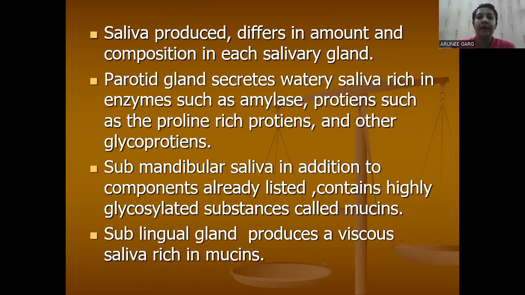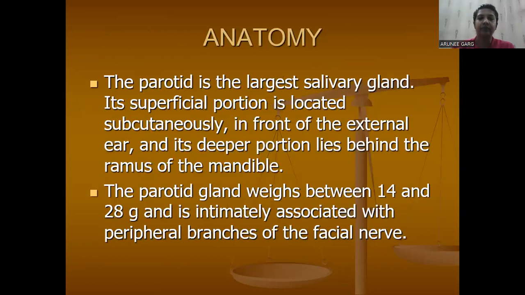The submandibular gland, in addition to the components present in the parotid gland, also contains highly glycosylated substances called mucins. The sublingual gland also produces a viscous saliva, which is rich in mucins.